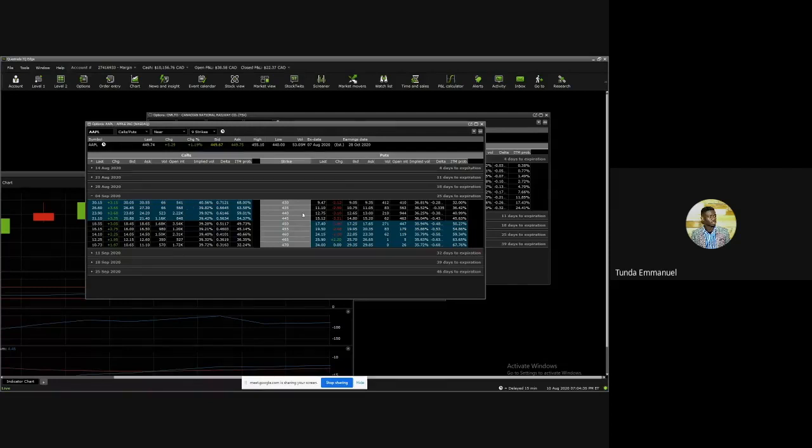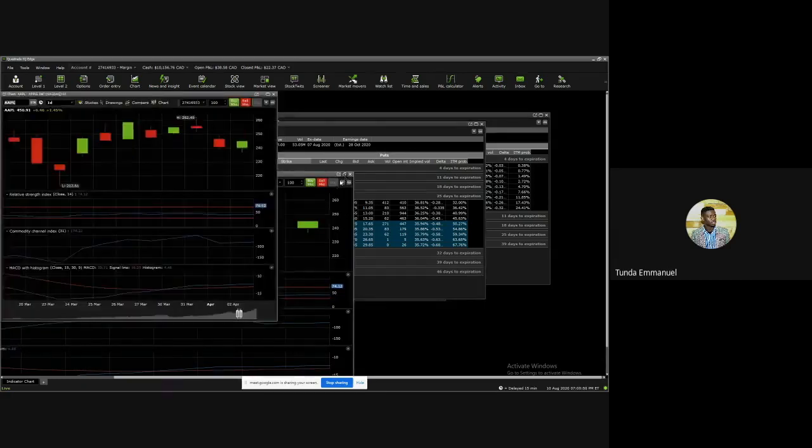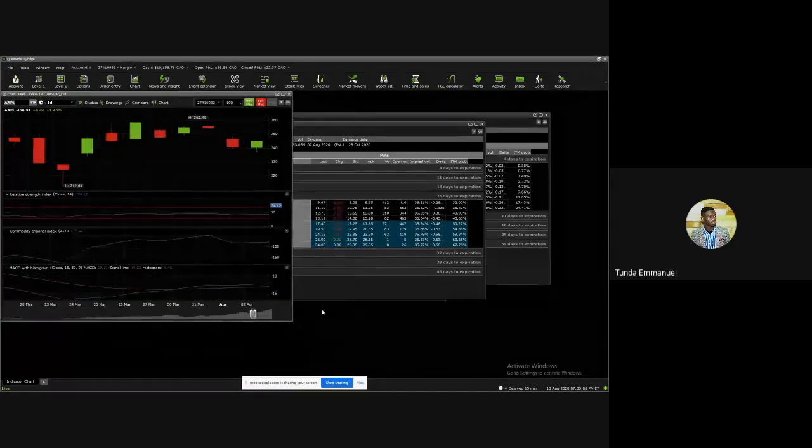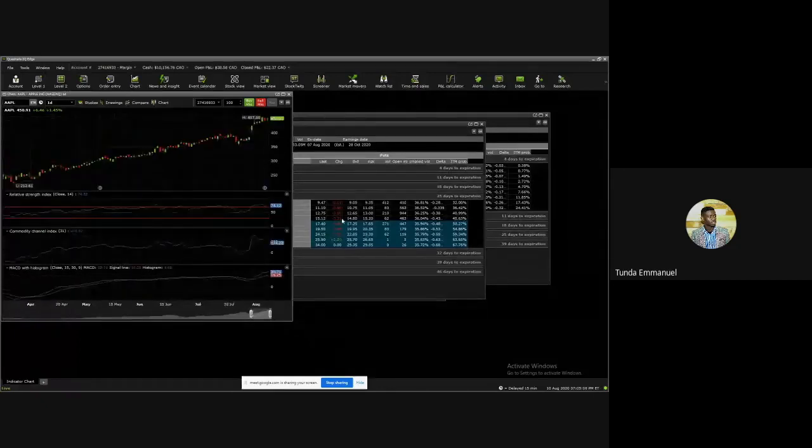I will explain what the puts and the calls are, but just to give you a heads up, the ITM probability shows you the percentage that you have for this underlying stock to be at this strike price.